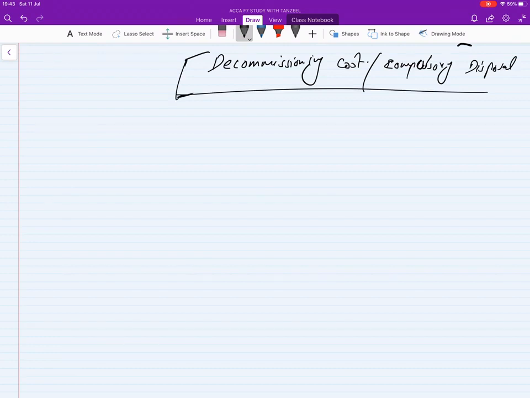So any cost you are going to have after 12 months, you need to calculate that cost as per the present value. You have to calculate the present value of those future cash flows for any liabilities, for any expense which is for more than 12 months.